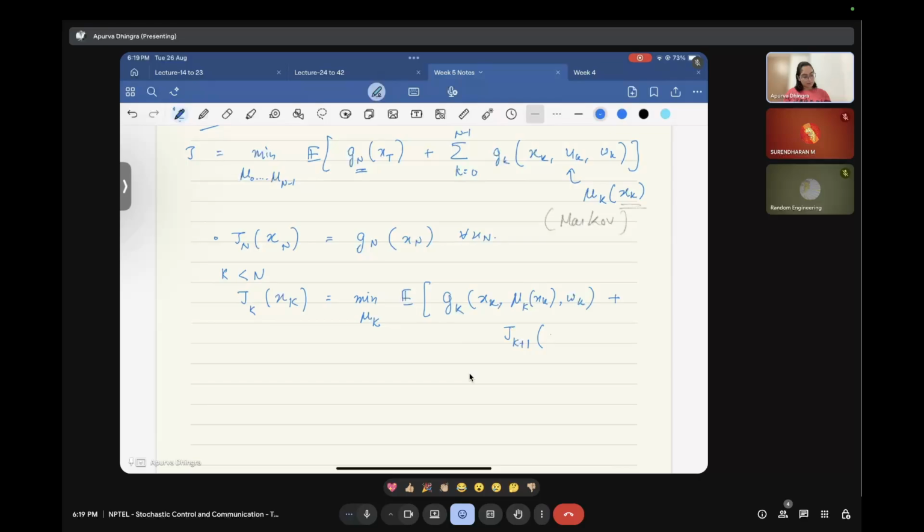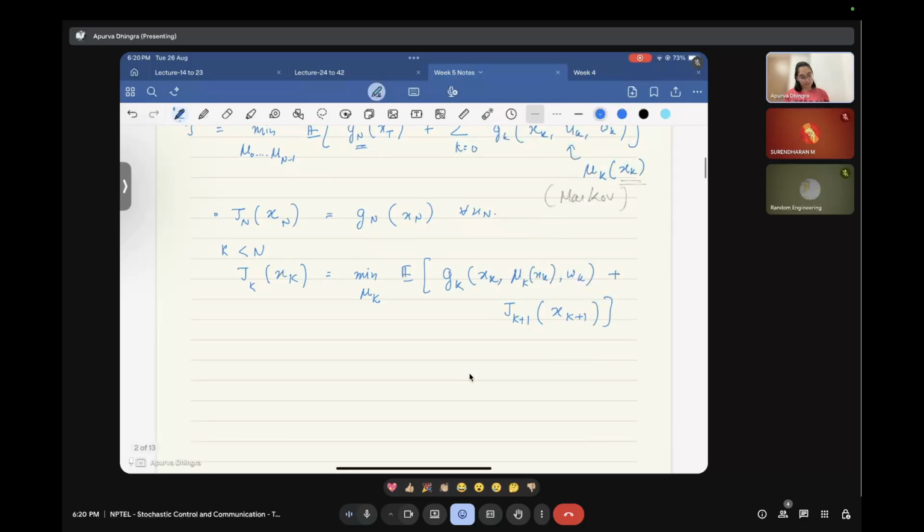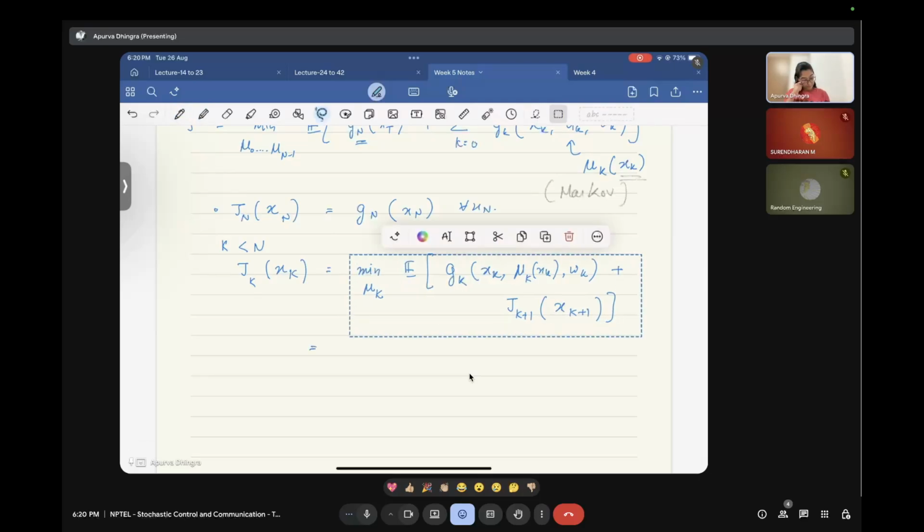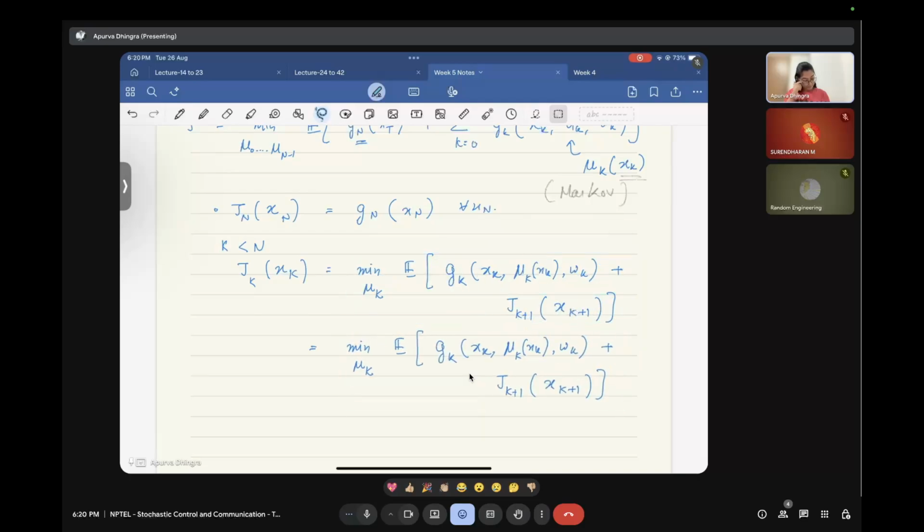So that is xk plus 1, and from dynamics we know what xk plus 1 can be written as. So that is some function fk that depends on xk, mu k of xk, or the action, and wk.